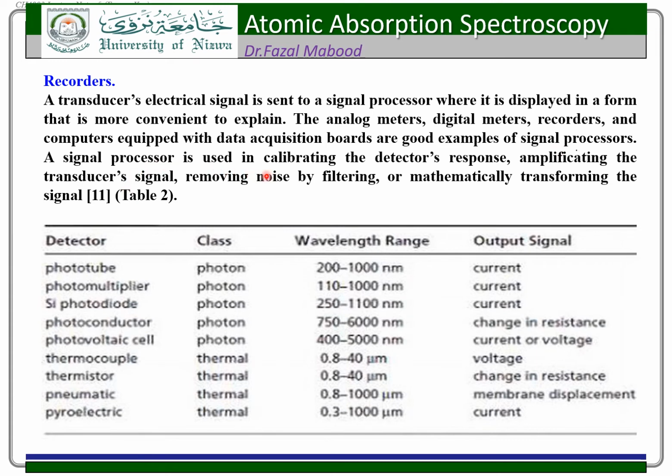A signal processor is used in calibrating the detector response, amplifying the transducer signal, removing noise by filtering, or mathematically transforming the signal. In this table, you see different types of detector: phototube, photomultiplier tube, silicon photodiode, photoconductor, photovoltaic cell, thermocouple, thermistor, pneumatic, pyroelectric.